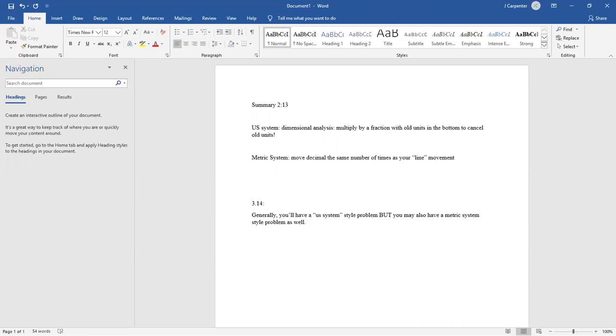For the most part, you're going to be multiplying by fractions with old units in the bottom and new units in the top. But occasionally, our table of conversions doesn't have everything that we need.